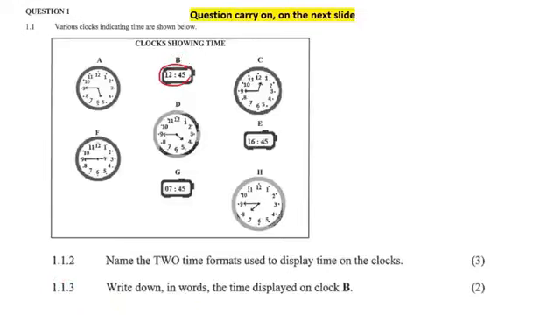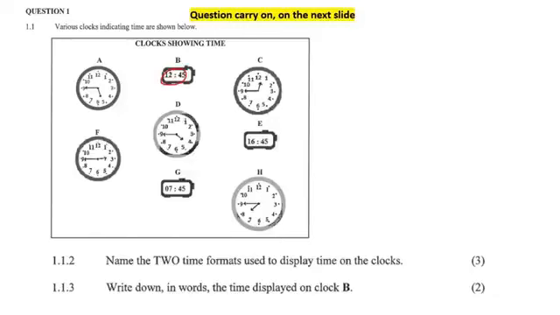And how do we know if this is afternoon or if this is 12 o'clock in the morning, like midnight? Well, it's not midnight, because if it was midnight, it would be 00.45. But this is definitely in the afternoon, and they want you to be able to explain that to them.